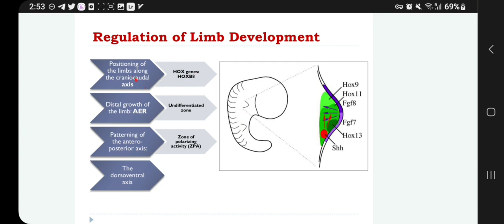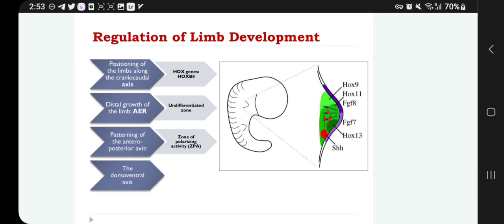We have a pattern in the upper limb and lower limb that you have to know about. At first, the positioning of the limbs depends on the Hox gene expression. For example, in this area, we have a lot of the Hox genes, HOX1, HOX2 until about HOX13.